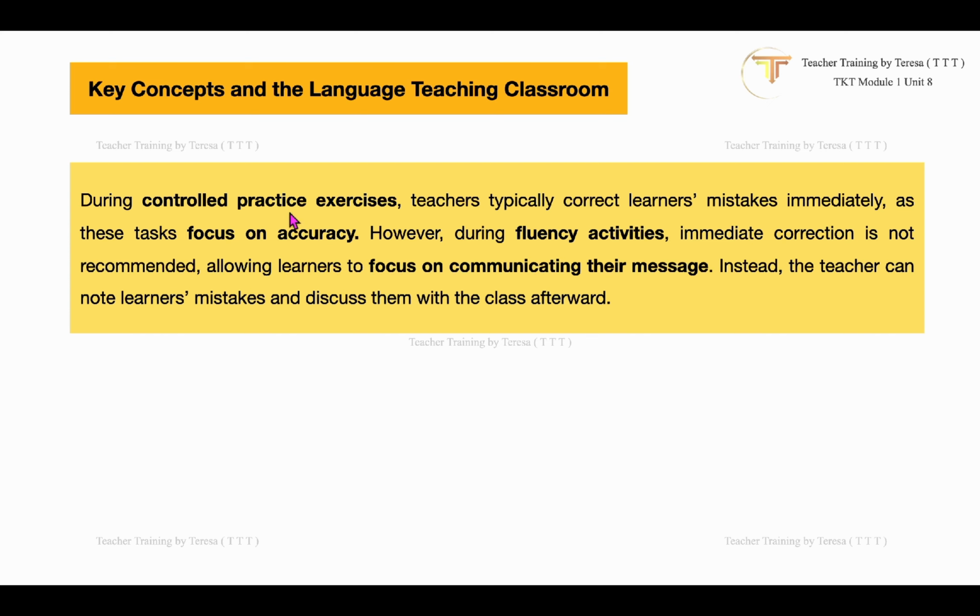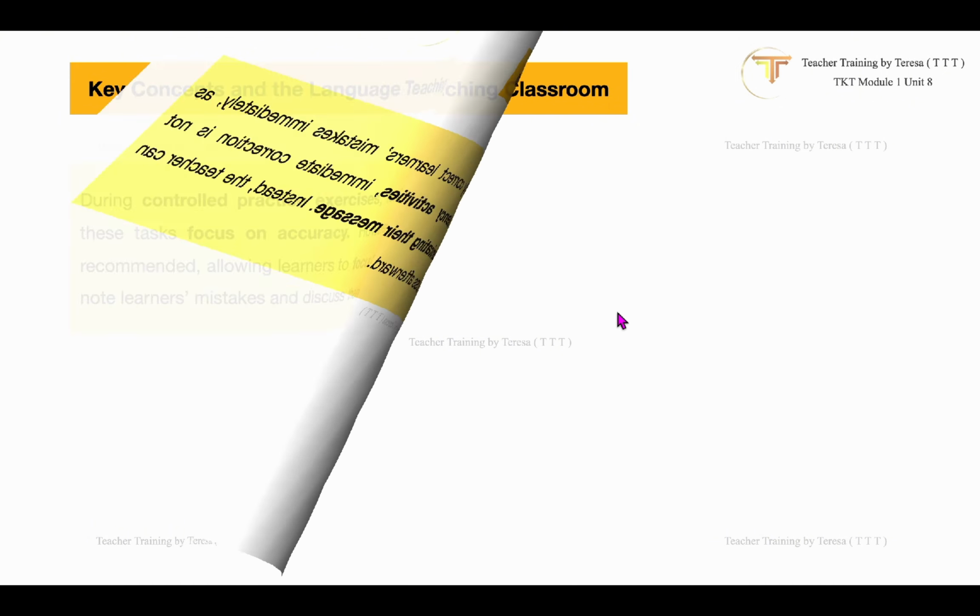During controlled practice exercises, teachers typically correct learners' mistakes immediately, as these tasks focus on accuracy. However, during fluency activities, immediate correction is not recommended, allowing learners to focus on communicating their message. Instead, the teacher can note learners' mistakes and discuss them with the class afterward.